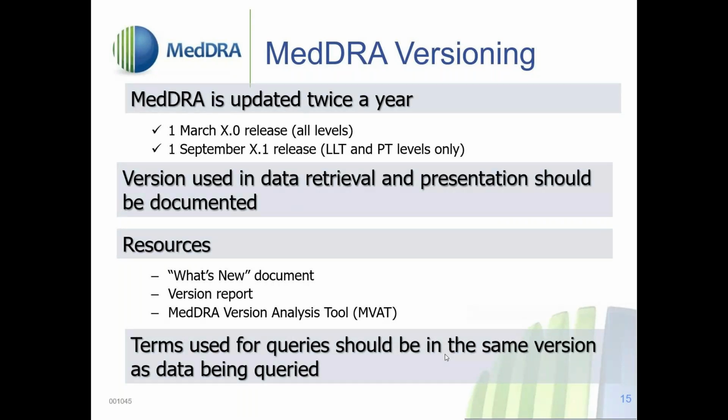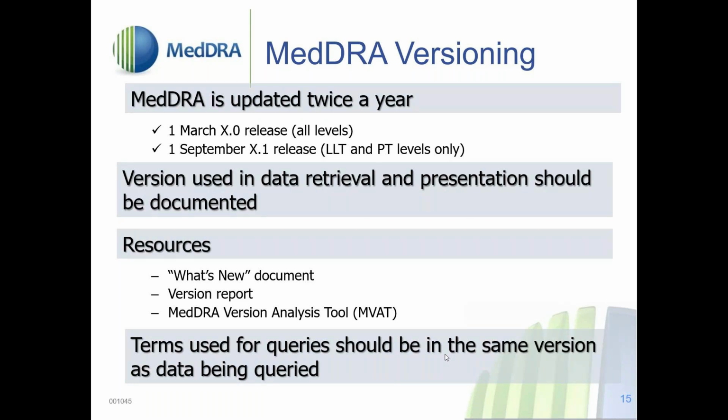So how do you get to know about changes which we made to MedDRA? There are different resources that may be useful for you to better understand how versioning may impact your data. The MSSO always provides a What's New document, which is made available with each MedDRA release, and it provides a general overview on what has been changed and implemented in the new release.